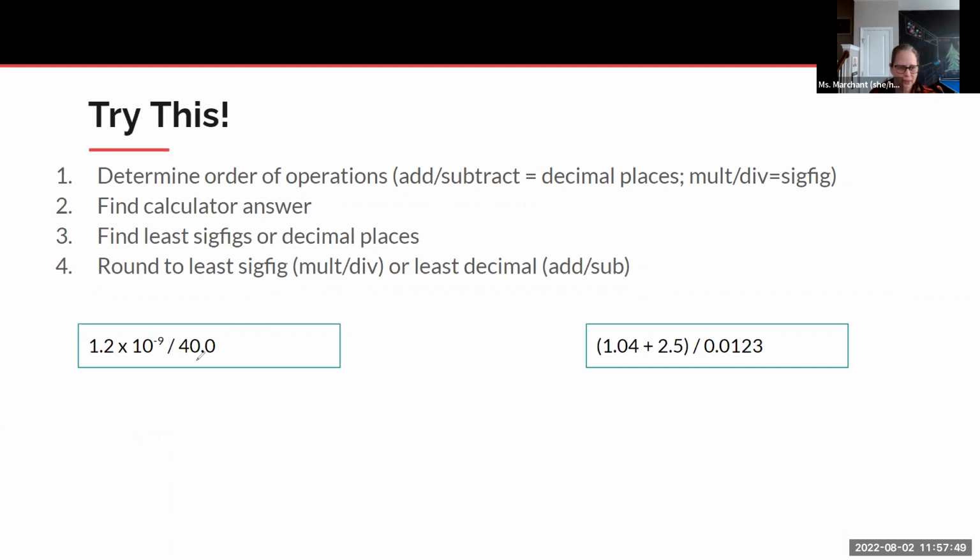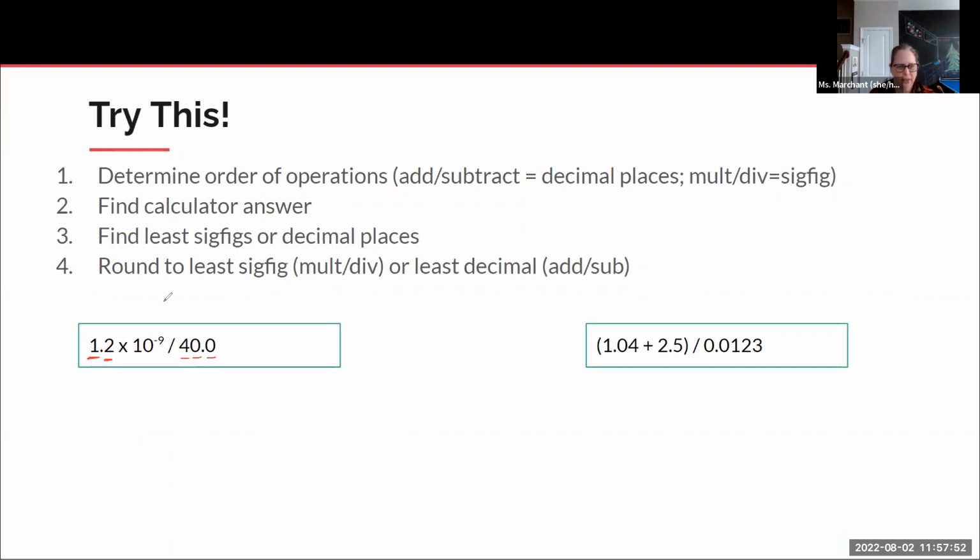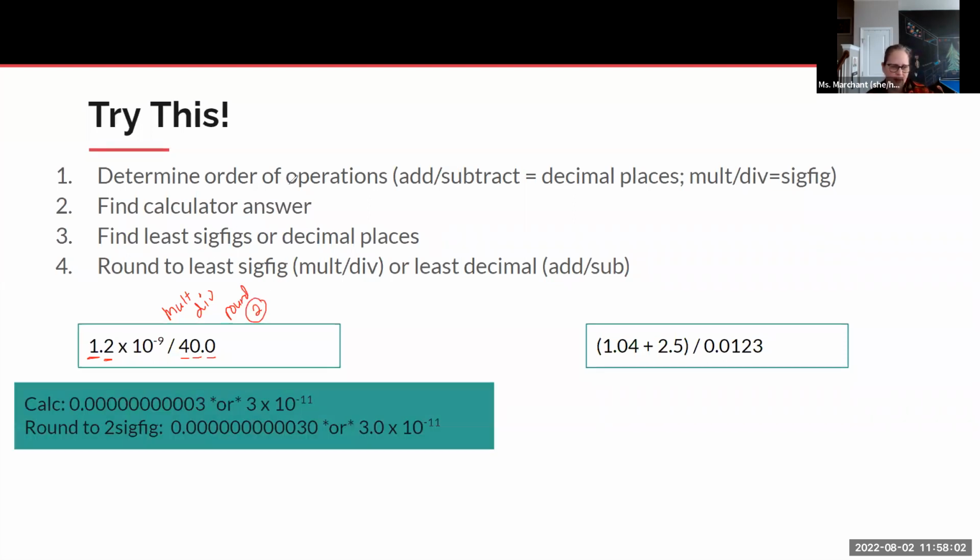Okay. 2 sig figs, 3 sig figs. This is multiplication and division. So we round to the least sig figs. So we're going to round to 2 sig figs. There's my calculator answer, 3 times 10 to the negative 11, but I need 2 sig figs. So I'm just going to add in a sig fig.